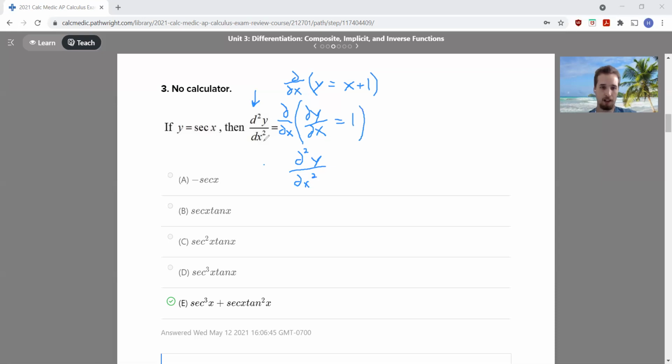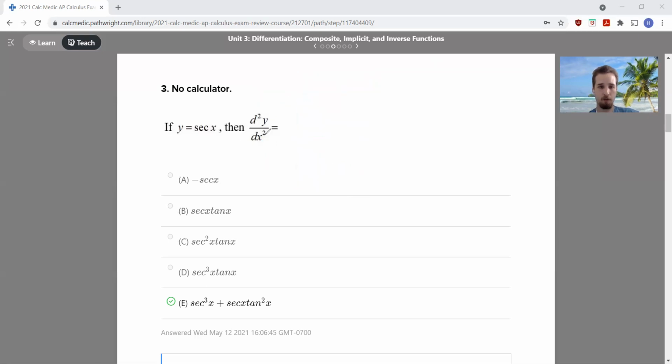And so that's how they get this notation. And in this case, the derivative of 1 is just 0. But when you see this here, all this means is the second derivative. So that means I have y equals secant x. I need to take the derivative of this with respect to x.